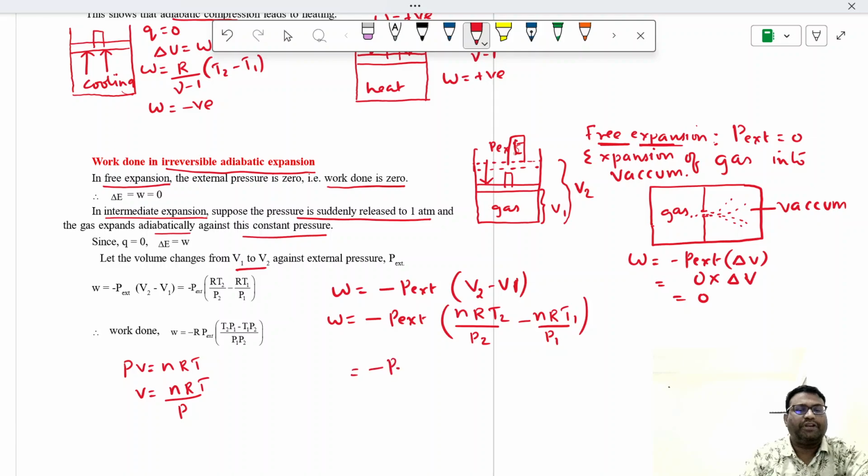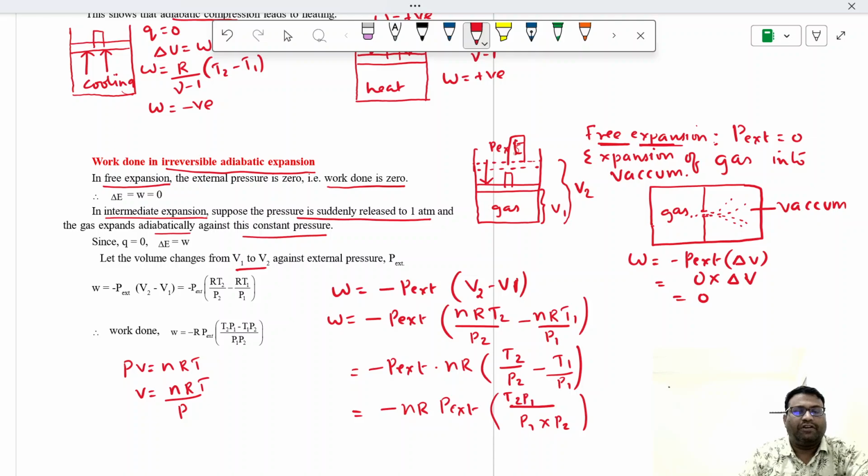Taking nR common, work is minus nR P external (T2 by P2 minus T1 by P1), and that is equal to minus nR P external into (T2 P1 minus T1 P2) by (P1 P2).